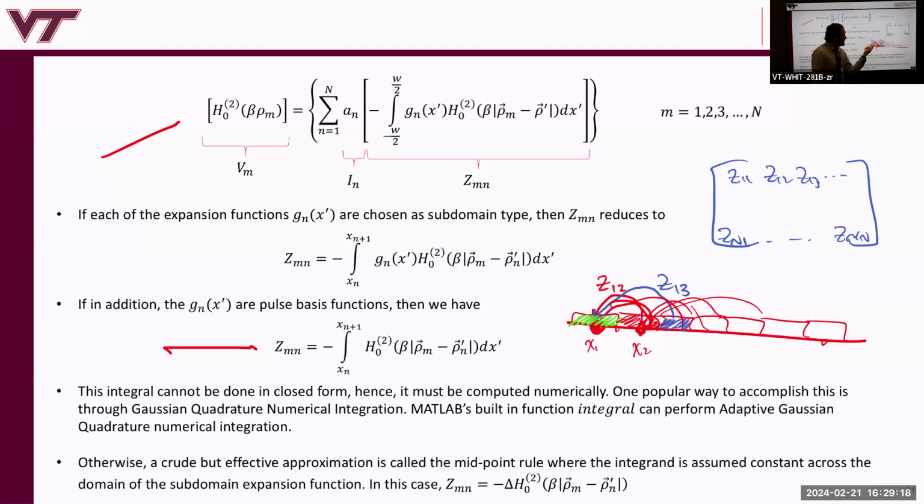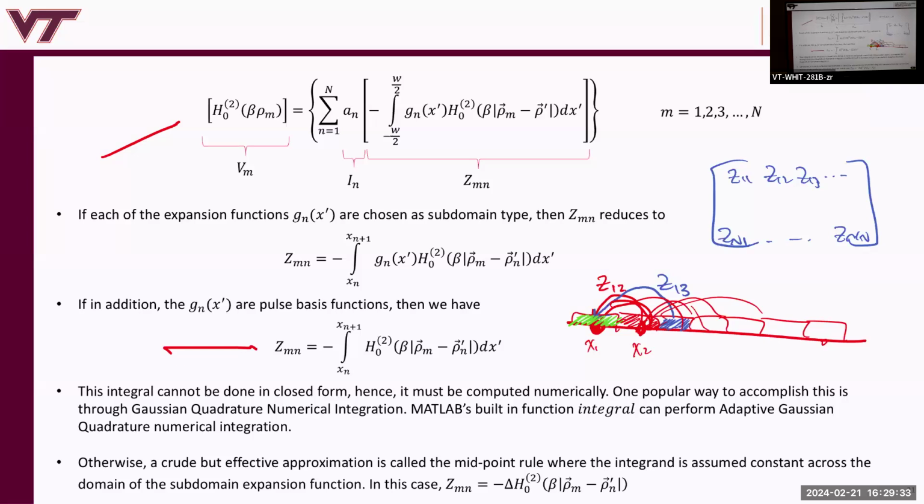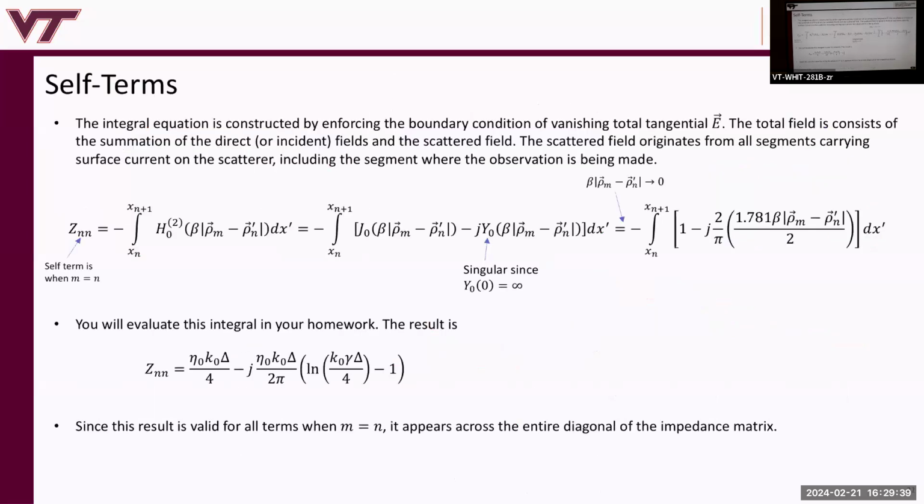That is called a self term when the source current is in the same cell as the observation point. All right? What's the problem with the self terms? Why are they different? Because the integrand, this integrand here, becomes singular as rho m approaches rho n. So they provide difficulty, right?